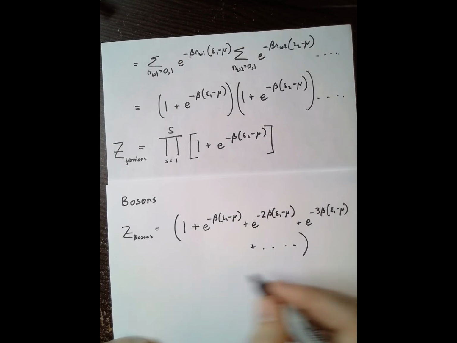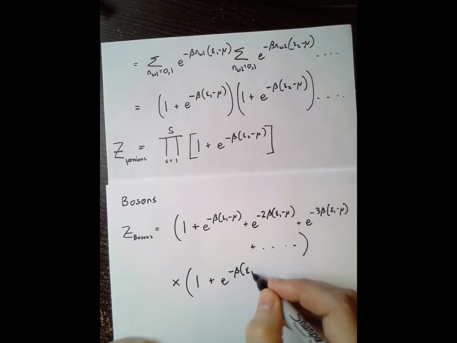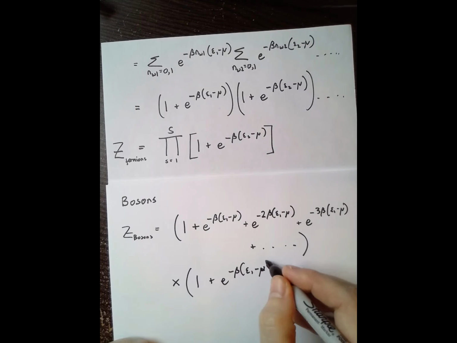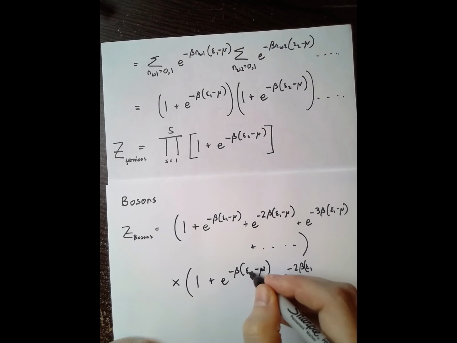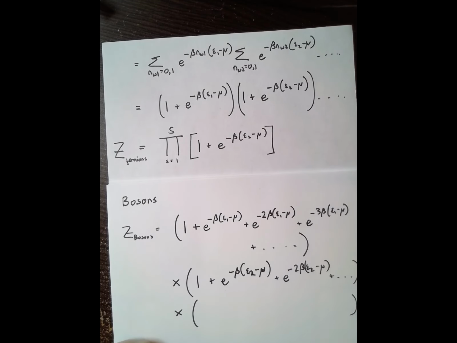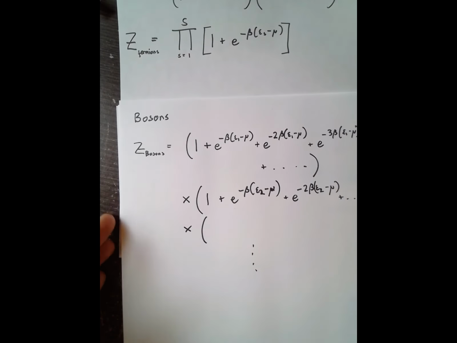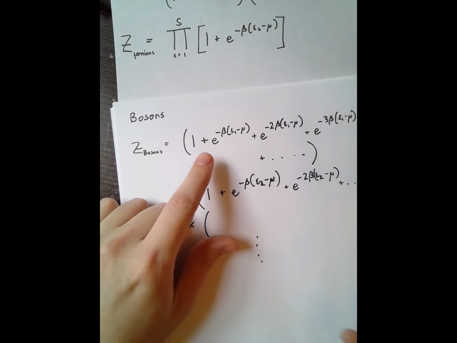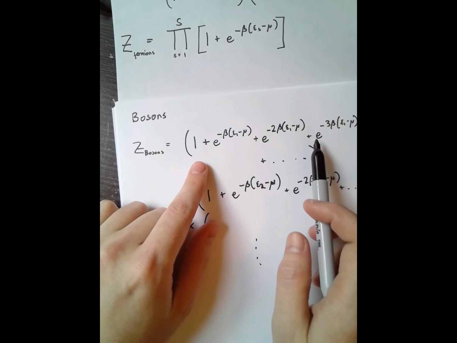And then you need to multiply that by 1 plus e to the minus beta epsilon 1 minus mu plus e to the minus 2 beta, sorry, this is epsilon 2 minus mu, plus and so on to infinity. And then you need to multiply that by the same for epsilon 3, for state 3, and so on, which looks like a terrible mess, except that if you look at this, you notice this is just a geometric series, right?